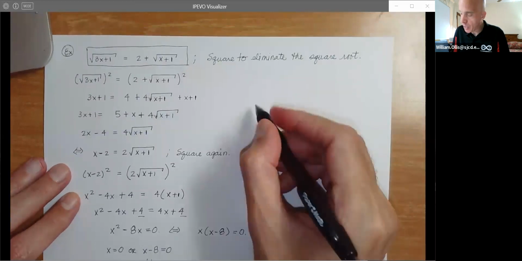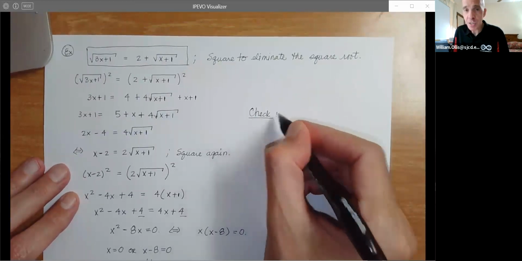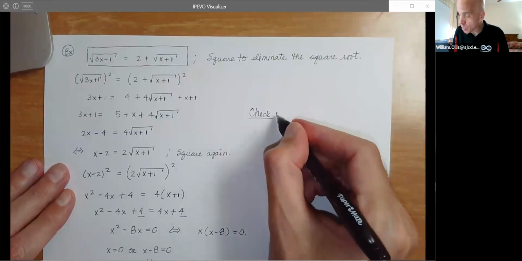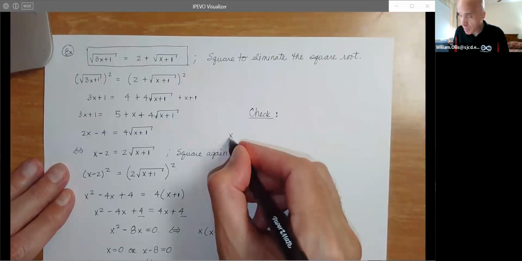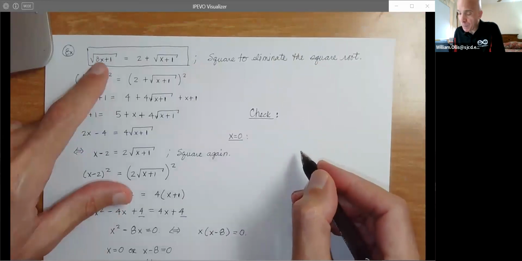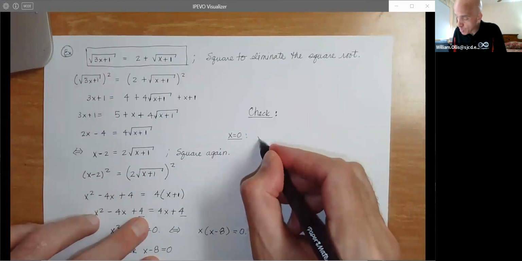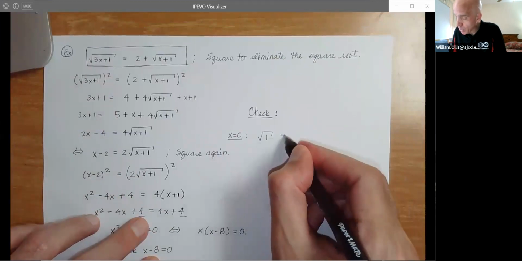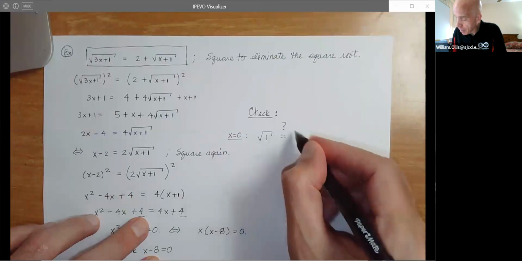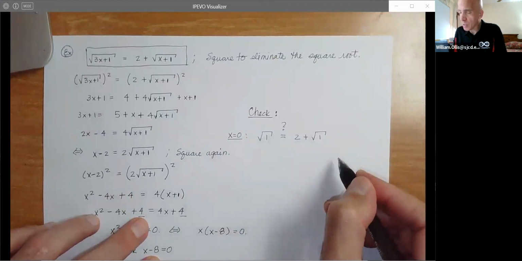So we can go over here and do a check. And this can be visual for you, just a quick check. So let's start with x equals 0. Now, when we replace x with 0, we get a 0 plus a 1, so that's the square root of 1, question mark, 2 plus square root 1. Well, that clearly doesn't work.